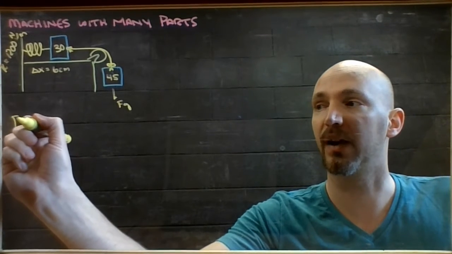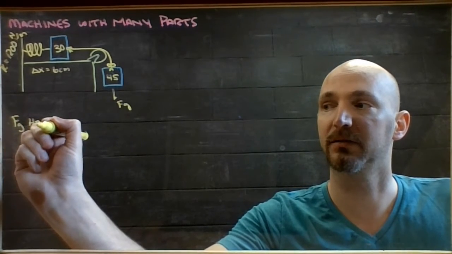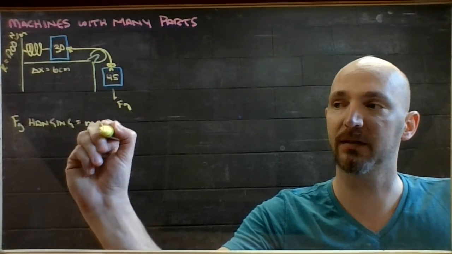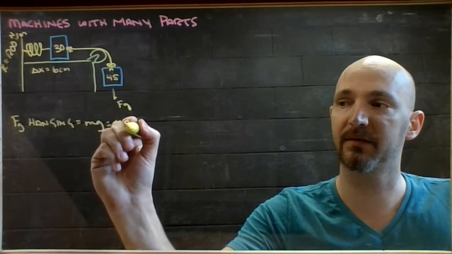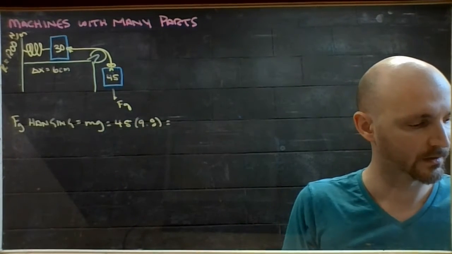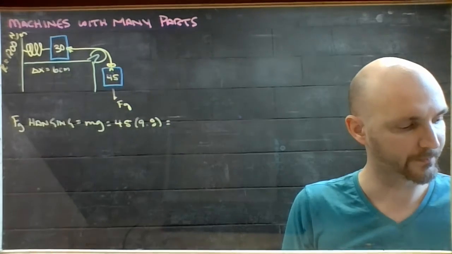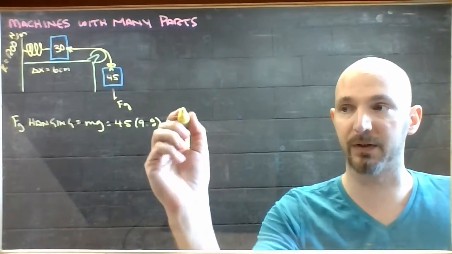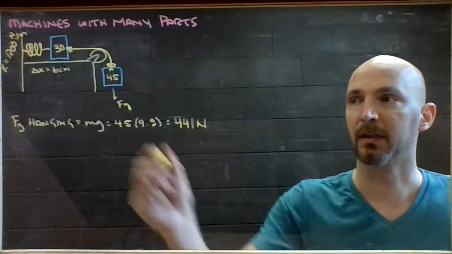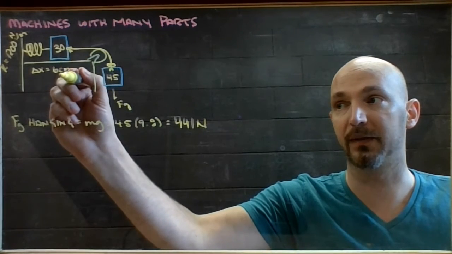So force of gravity for the hanging block is mg, which would be 45 times 9.8, which gives me 441 newtons. I can do the force of gravity on this block.